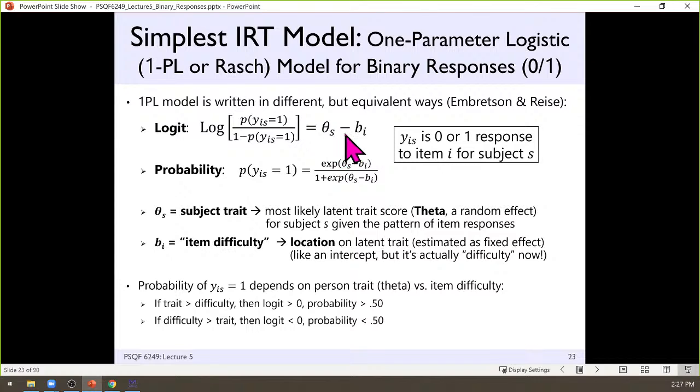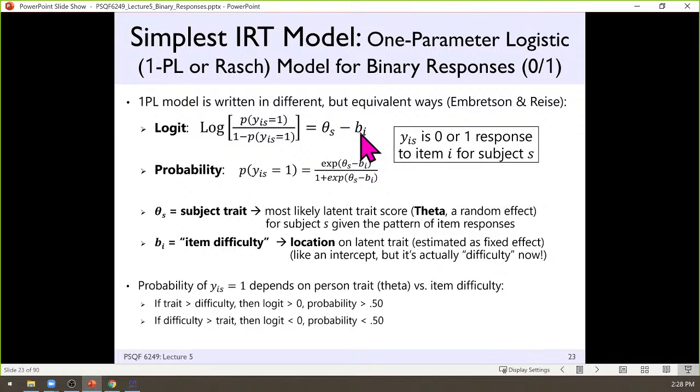And now check this out. Minus. A minus sign. When was the last time that you saw a regression model where it was phrased with a minus sign? Not unless the estimated slope was negative, but minus something. That right there makes this different. Minus what? The letter B. B has an i subscript because each item gets it.